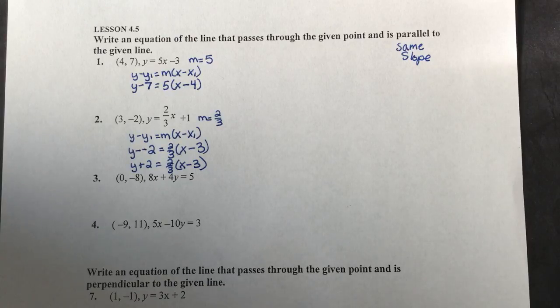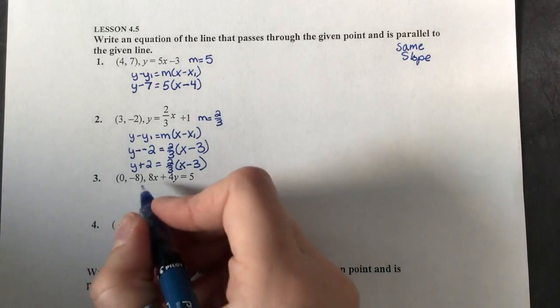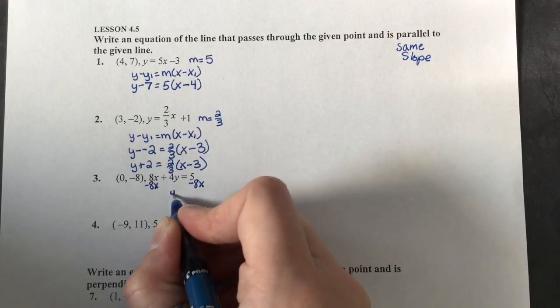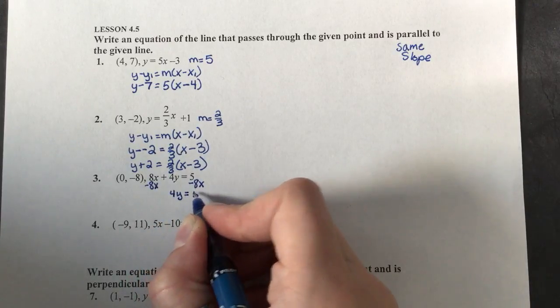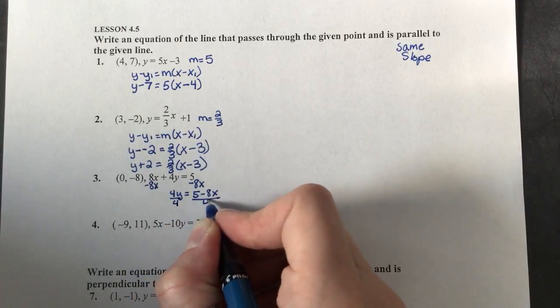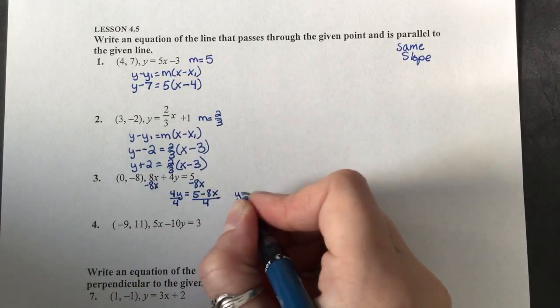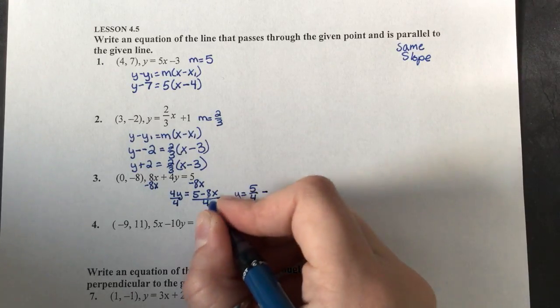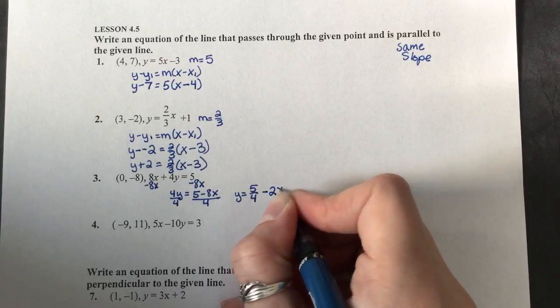Okay. This next one, we cannot easily pick out the slope until we solve for y. So I'm going to solve for y since it's in standard form. Minus 8x, minus 8x, 4y equals 5 minus 8x, divide by 4, divide by 4, y equals 5/4 minus 8 divided by 4 is 2x.